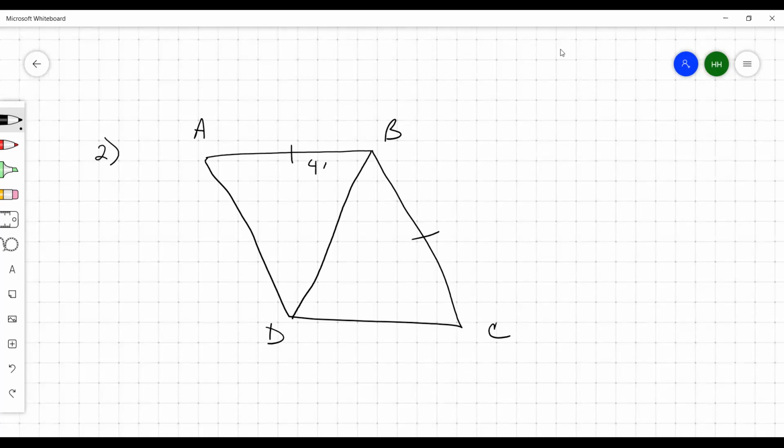Now we got a 4x plus 8 that's across from a 32, and a 36 that's across from a 20. So the 4x plus 8 is across from something bigger, so your 4x plus 8 is going to be greater than the 36.